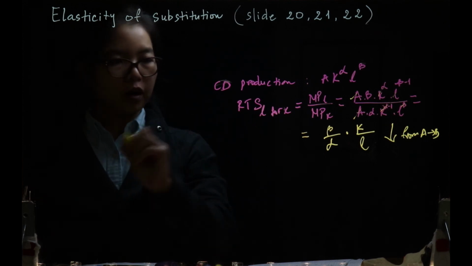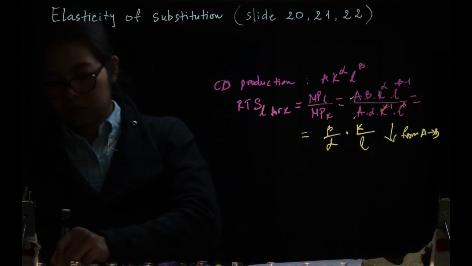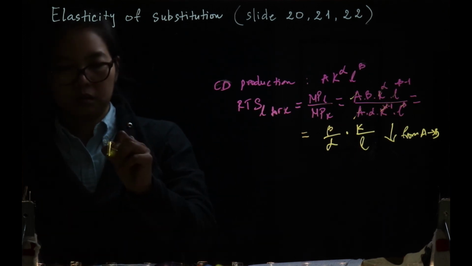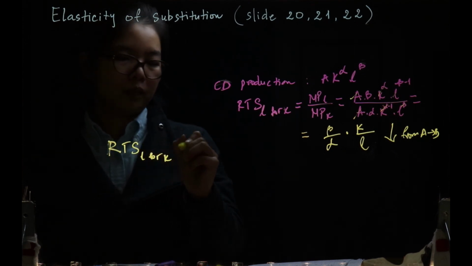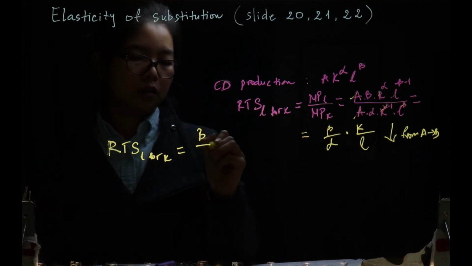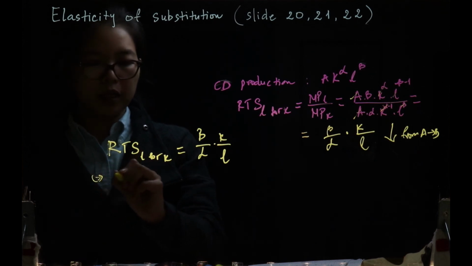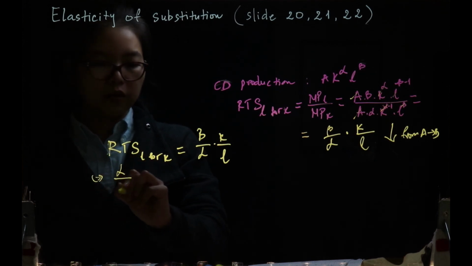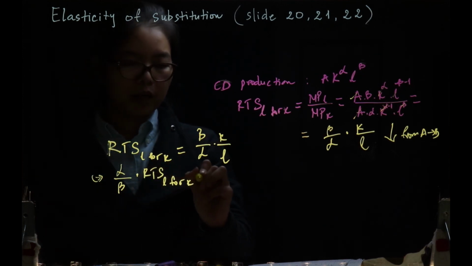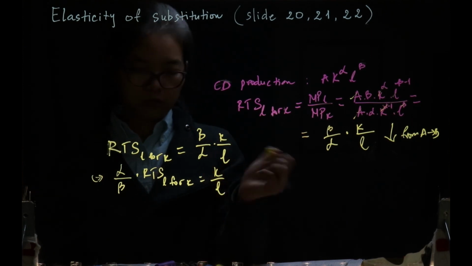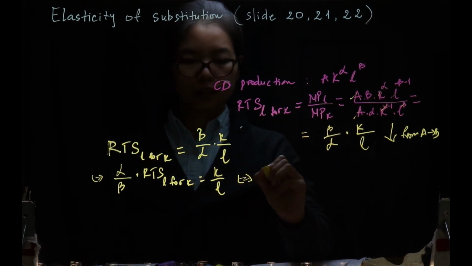So we have RTS of L for K equals beta over alpha times K over L. We could rearrange it in a way that alpha over beta times RTS of L for K equals K over L, right? Now let's take the natural log of both sides.